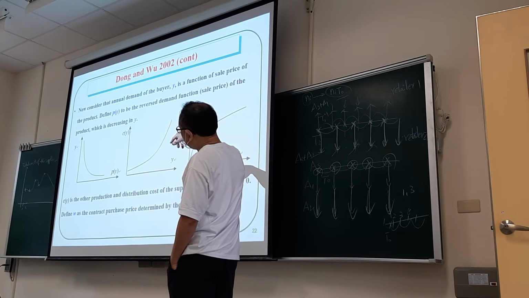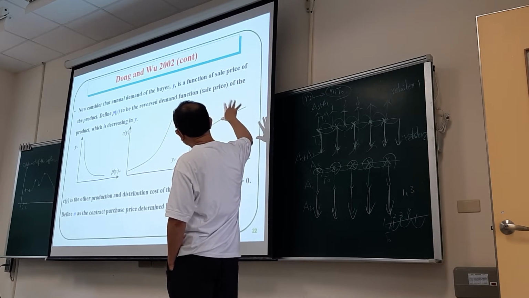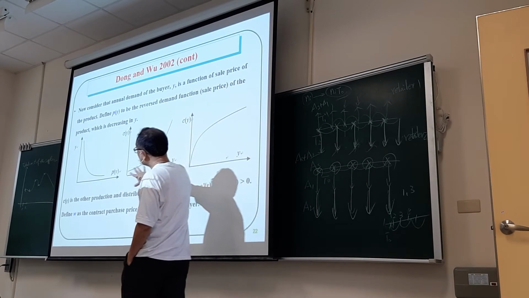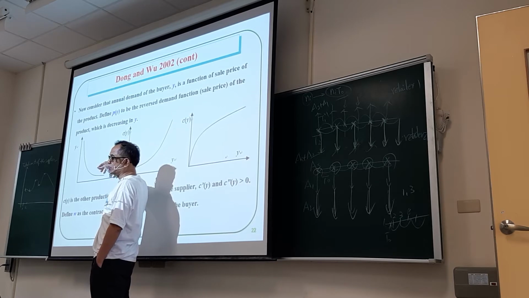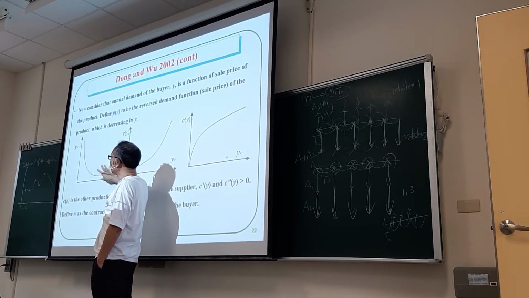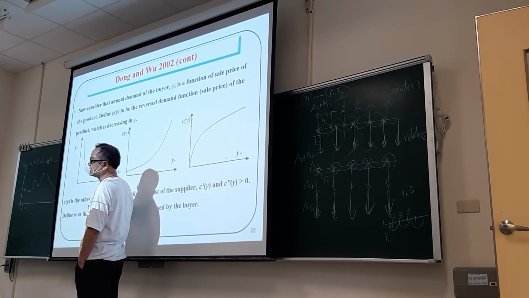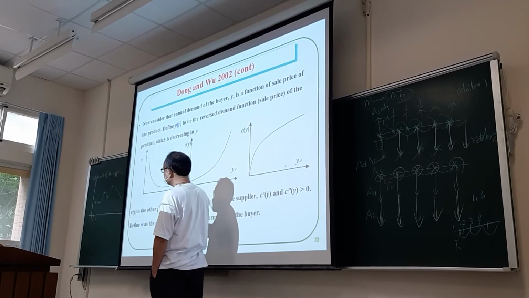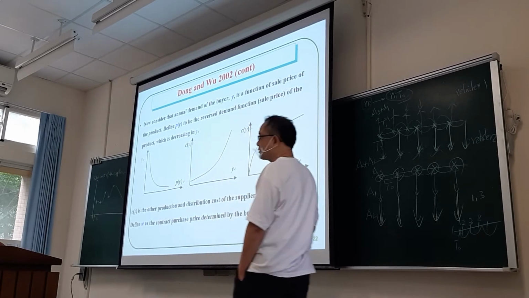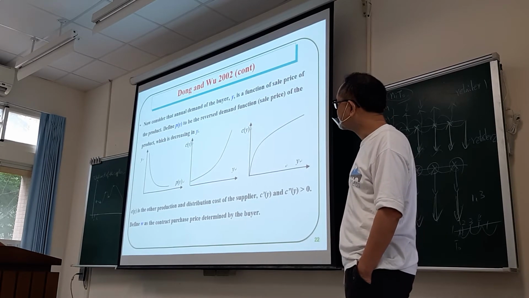Define P of Y to be the inverse demand function, the sale price of the product. But there's no explicit function for that. Just say this is a decreasing and convex function. Decreasing and convex.